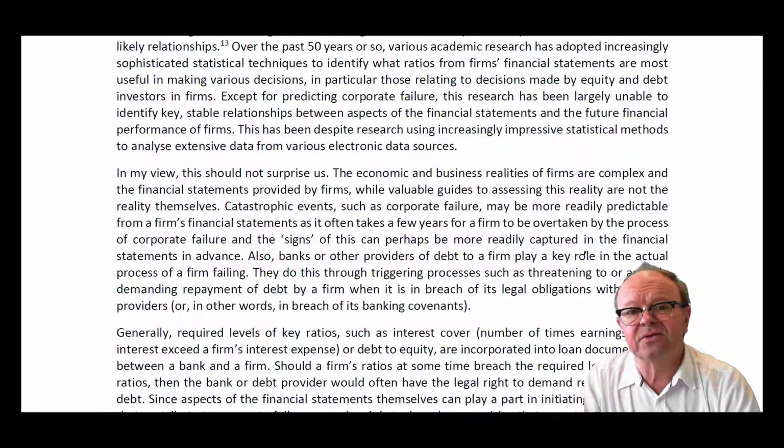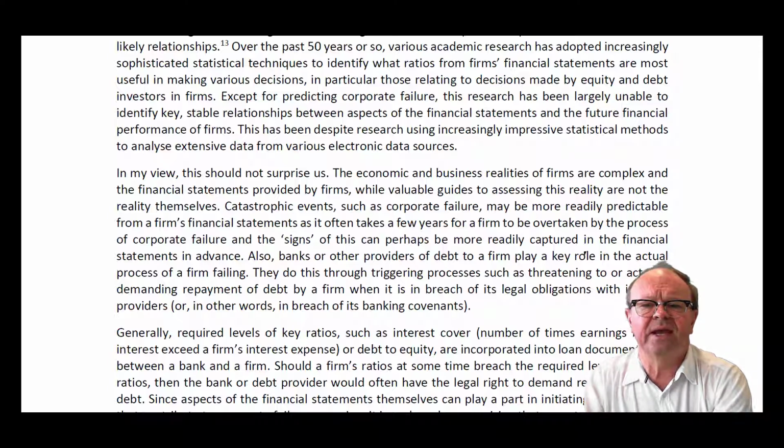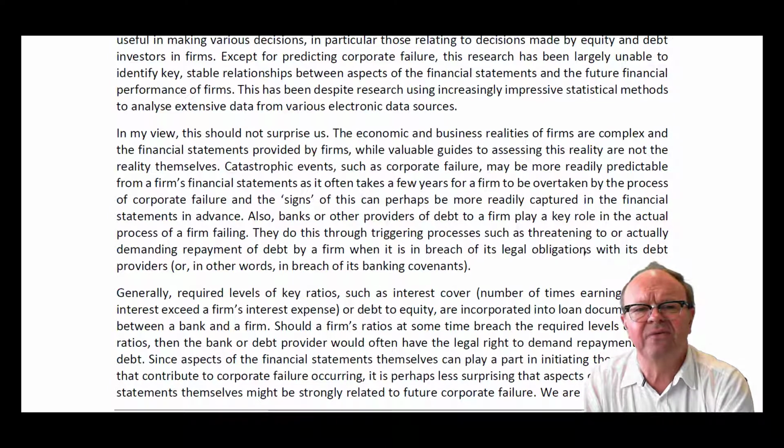Over the past 50 years or so, various academic research has adopted increasingly sophisticated statistical techniques to identify what ratios from firms' financial statements are most useful in making various decisions, in particular those relating to decisions made by equity and debt investors in firms.